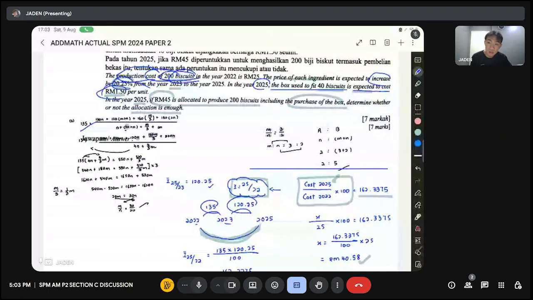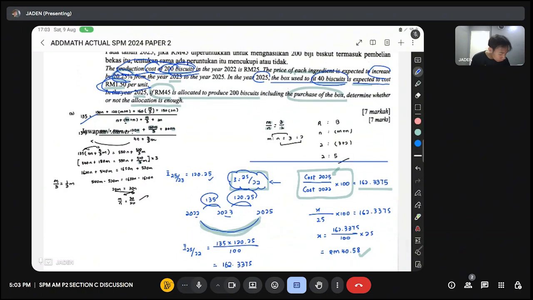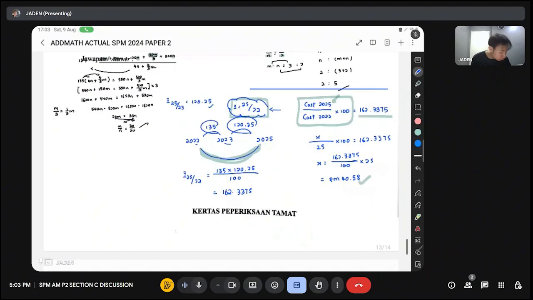One unit can only fit 40 biscuit, but you have 200 biscuit. So how many units do you need? Definitely you need 5 boxes, in order to fit 200 biscuit, because one box is 40, so 5 boxes is 200.